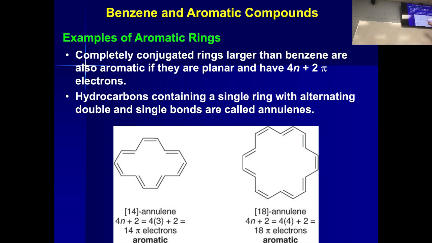It's completely conjugated. Every carbon atom has a p orbital, and there are 2 electrons in every one of those double bonds that are shown there. So there's a total of 14 electrons, right? That satisfies Huckel's rule. That is an aromatic molecule. 18-annulene is also an aromatic molecule because it satisfies Huckel's rule.